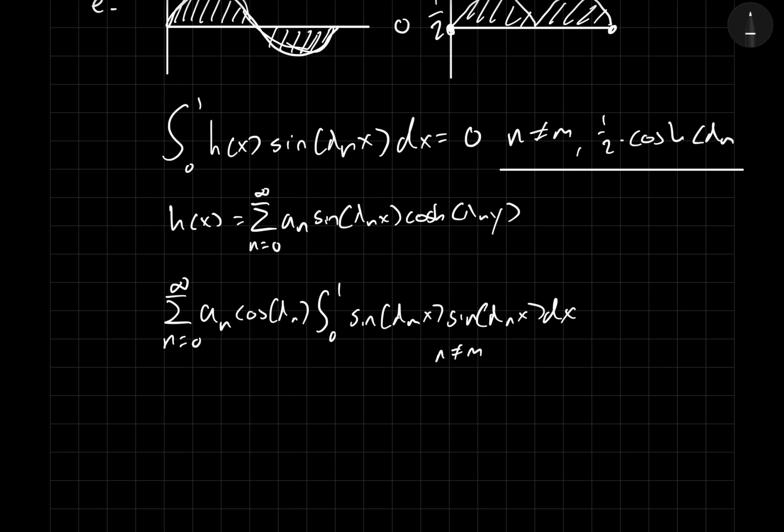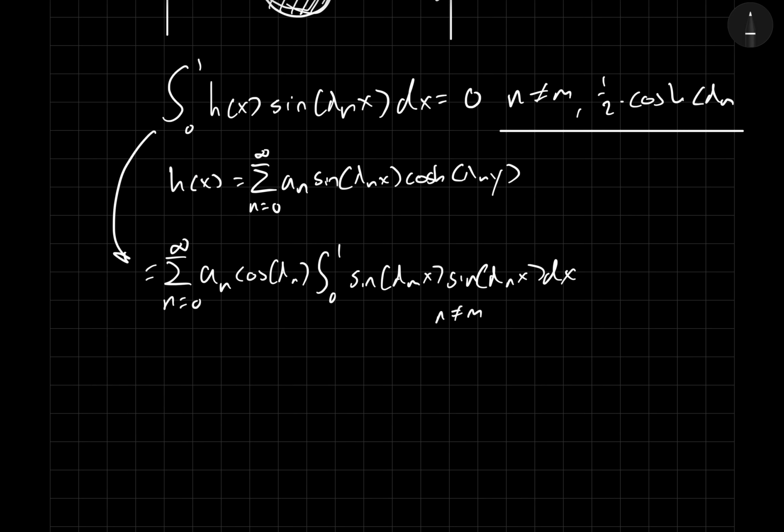That is going to equal whatever we had at the top over here. So from here, we have what we have over here: it's going to be equal to 0. Otherwise, it's going to be equal to 2.